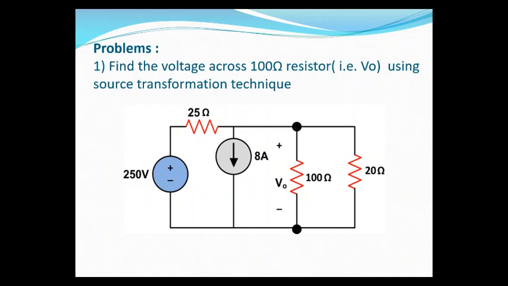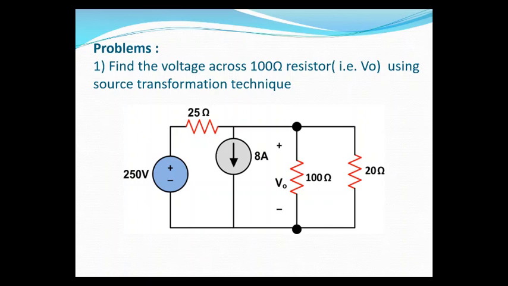Another way of doing this is this current source can be transformed into a voltage source. So 8 amps is in parallel with 20 ohms. Then the voltage also you can find out. So the voltage is 160 volts in series with 20 ohms. But both the polarities are different. So these currents can flow through the 100 ohms resistor.